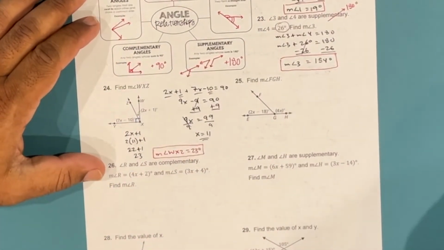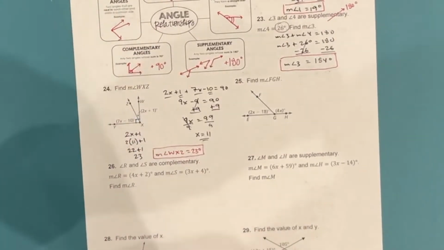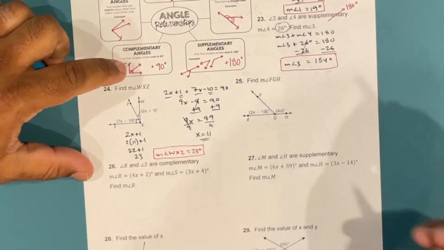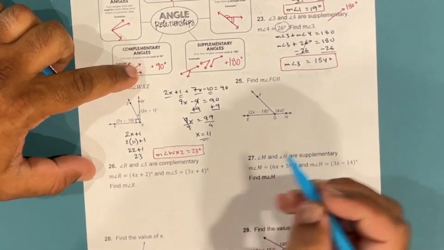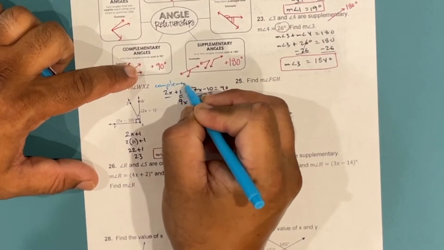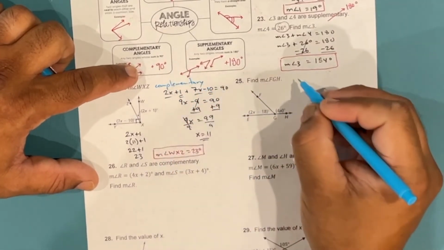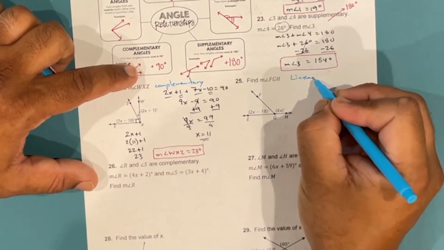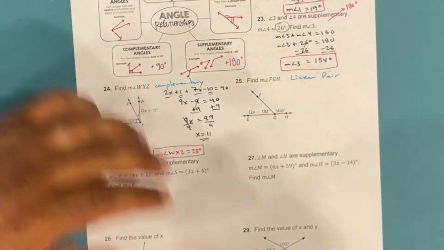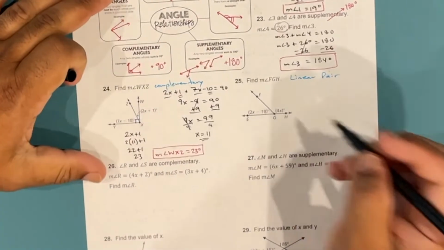Number 25, what I have going on over there is a linear pair. They're right next to each other, line down the middle, straight line. So here I had complementary. Here I have linear pair. And with a linear pair, what I know is that those are supplementary.